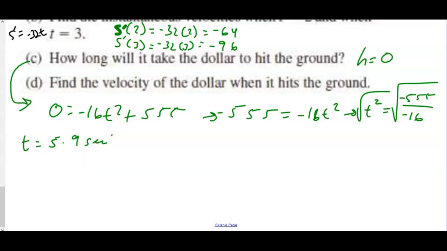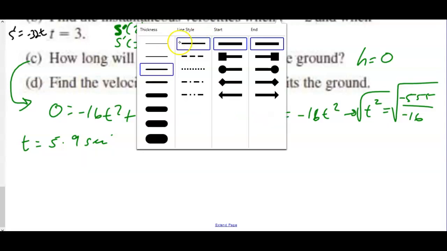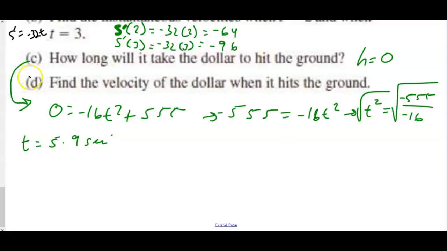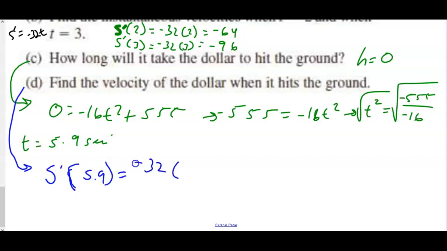And then lastly, for part D, it says find the velocity when it hits the ground. All right. So we just use the instantaneous deal. So S prime of 5.9 equals negative 32 times 5.9.